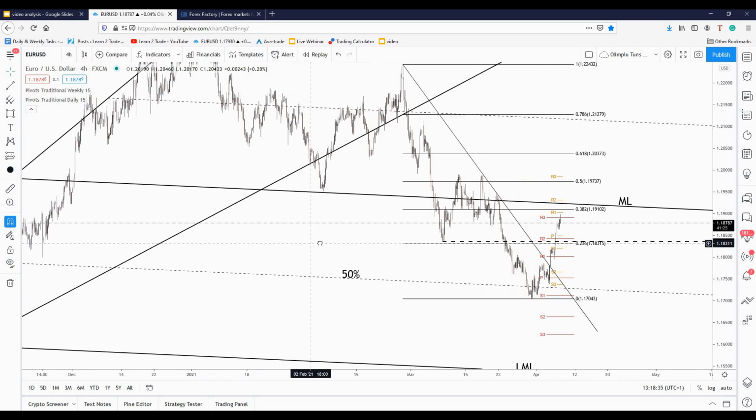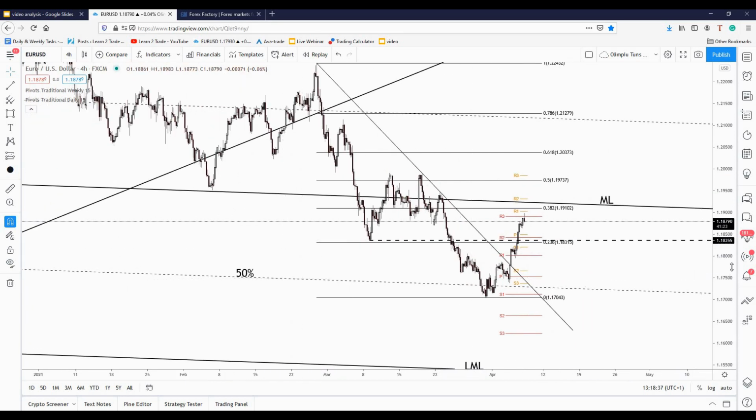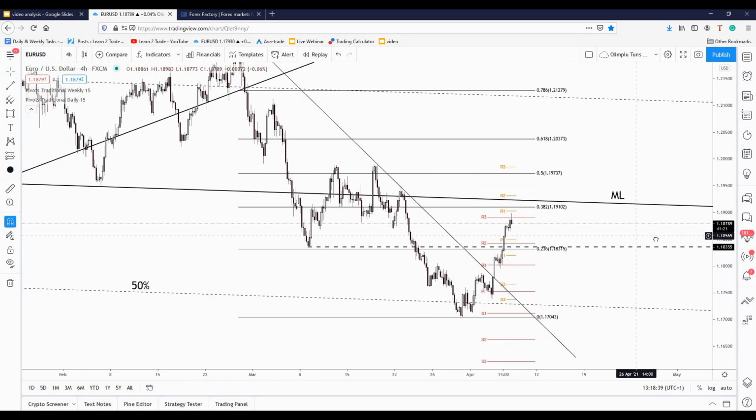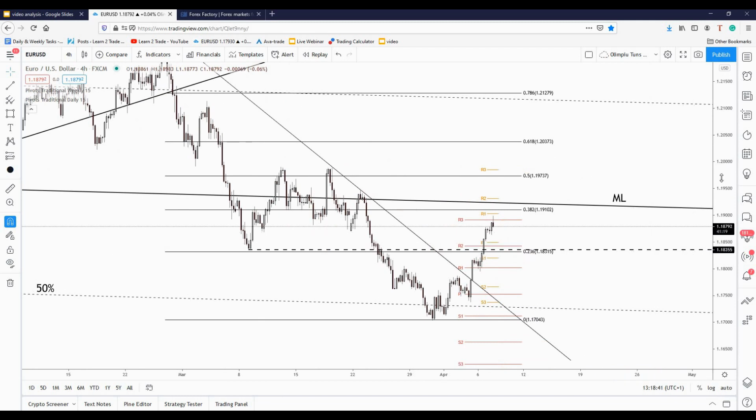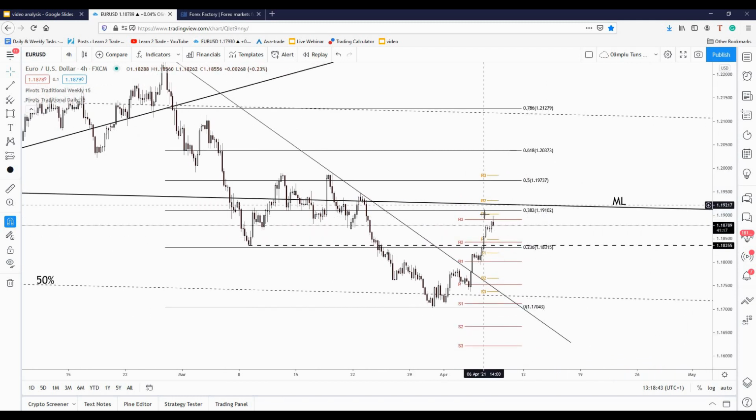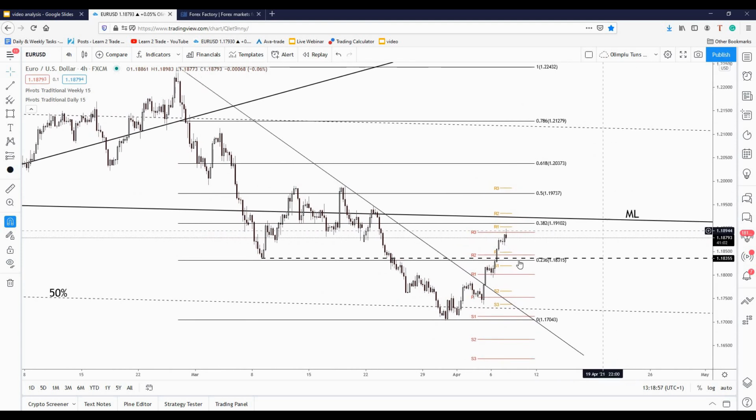So it is very important in the upcoming hours to see how the price will react here around 38.2, 1.1910, and around this medium line, which represents, as I've just said, an important dynamic resistance.